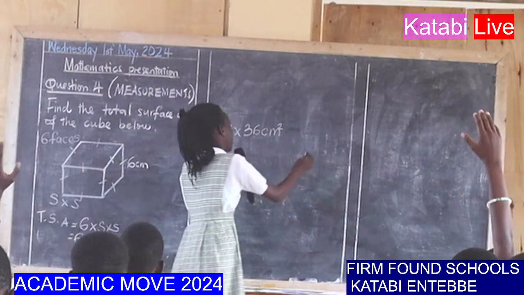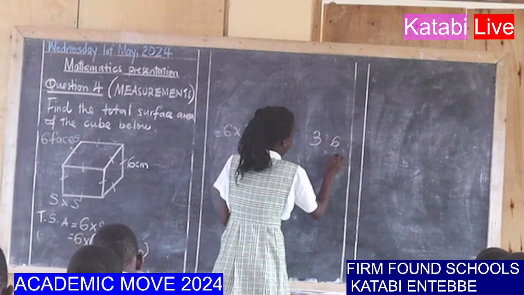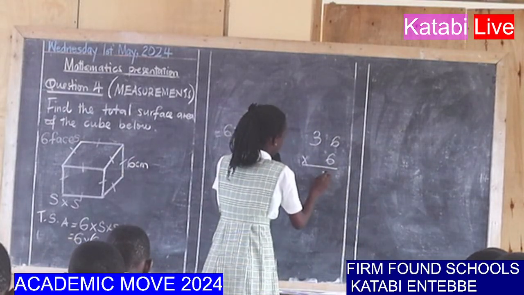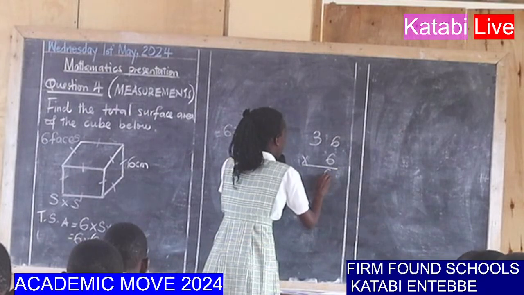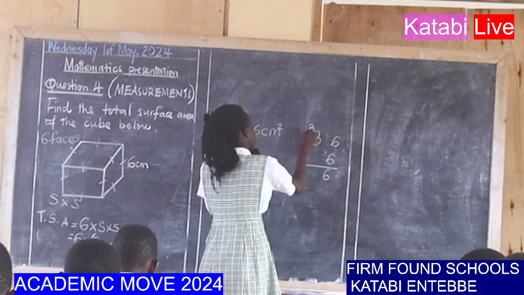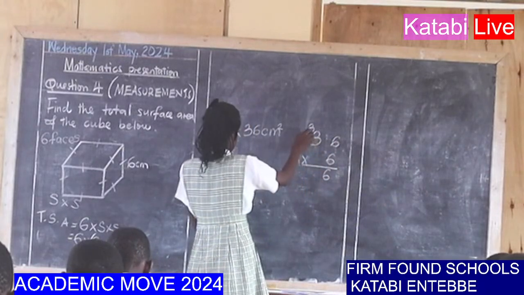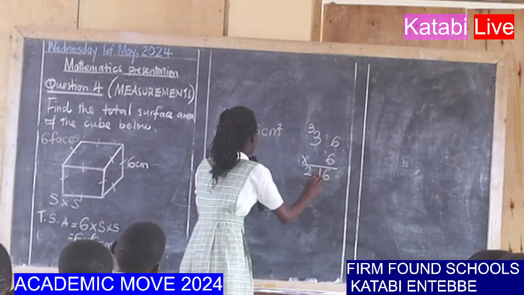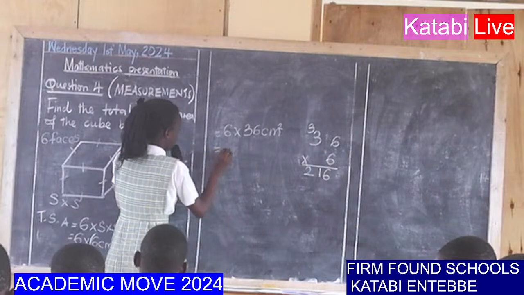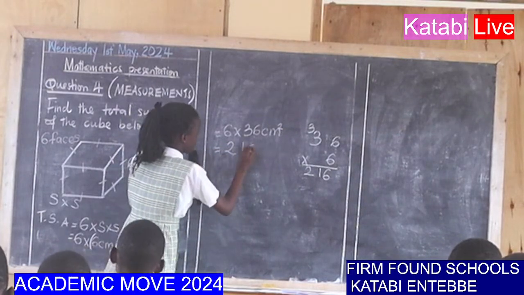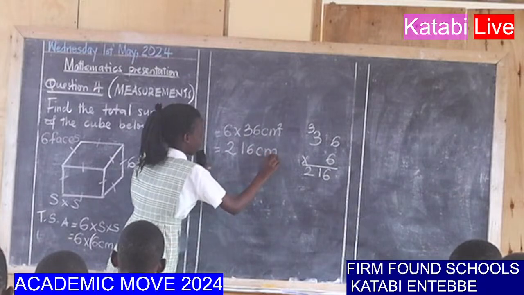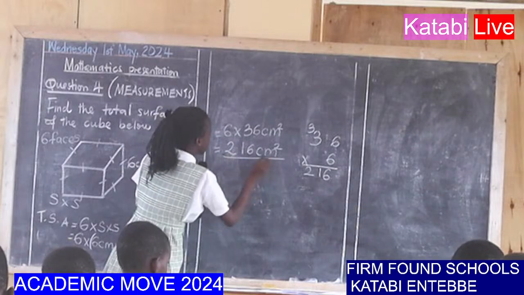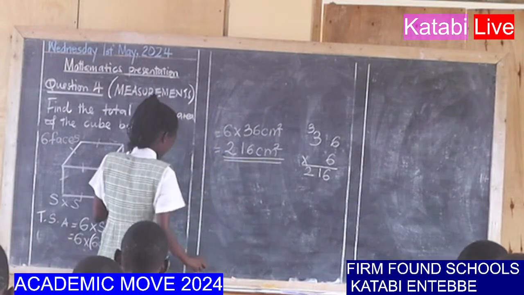We don't know, we come here. 6 times 6? What do we write here? 6. And what do we write here? 3. What is 6 times 3? Plus 3? So our answer is going to be 216 centimeters. What do we write? Squared or cubed? Squared. Thank you. May God bless you.